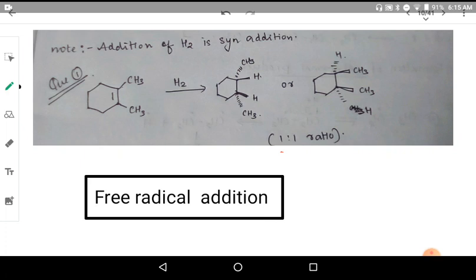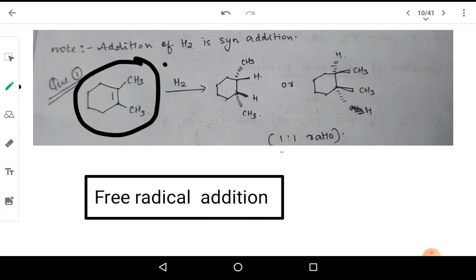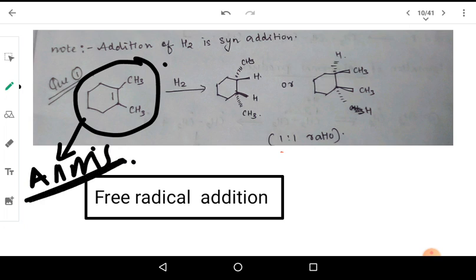So now let us see a question based on this. As you can see over here, look at this question. So how to add the CH3? This is a classical example for AIIMS level of questions. We have to remember that if we are considering stereochemistry, addition of hydrogen is syn addition. Syn addition means that hydrogen is added to the same side, either towards the observer or away from the observer.